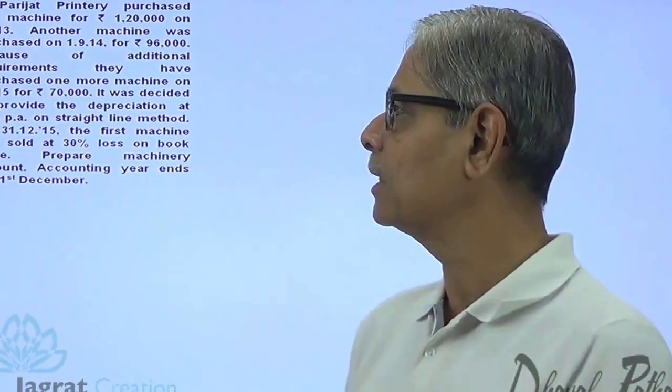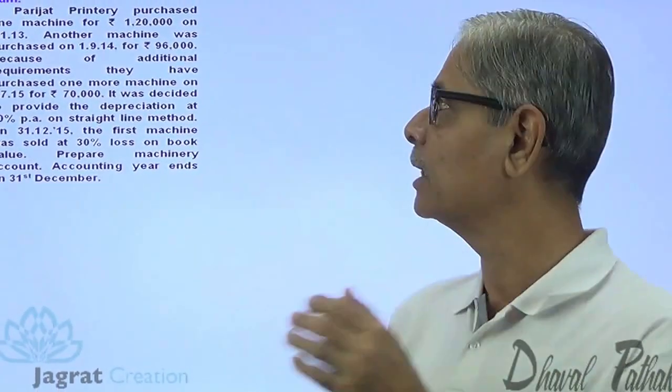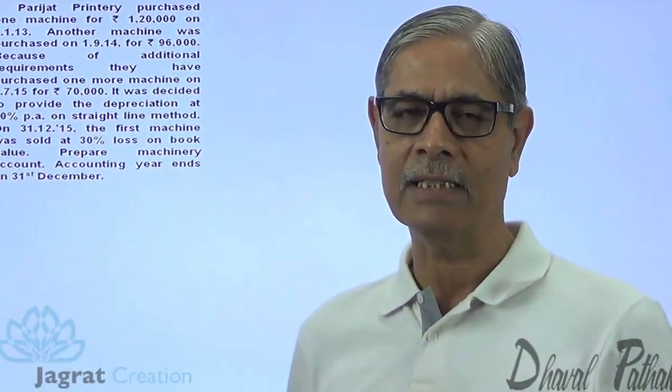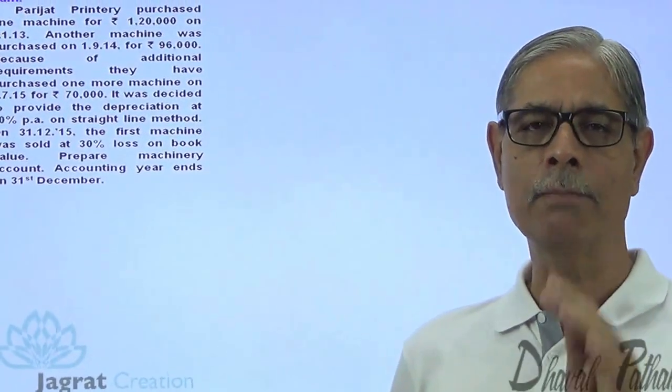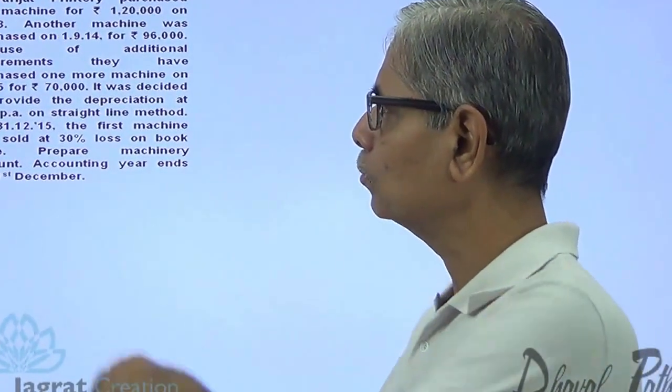And the same machine is used up to 31st of December 2015. So for the second machine that is purchased for 96,000, 4 months depreciation will be provided in 2014 and 1 year depreciation will be provided in 2015. And that machine is not sold, so its balance will be carried forward.